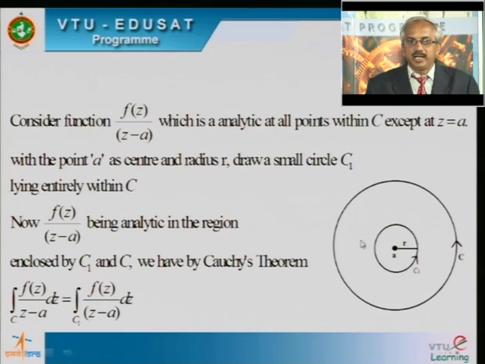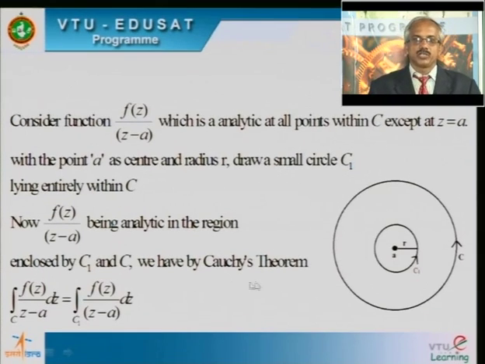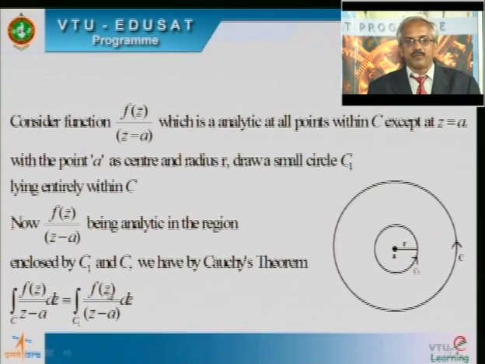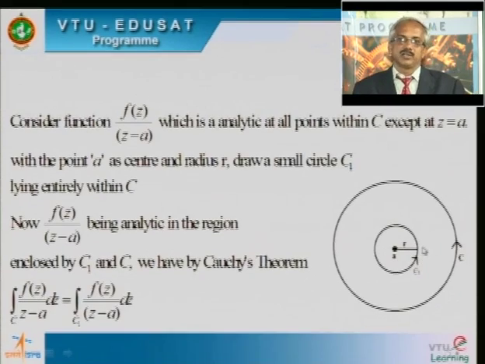So it is analytic on and inside the region bounded by these two curves, and by the extension of Cauchy's theorem that we have seen in the beginning of this class, the integral along the curve C of f of z divided by z minus A dz is equal to the integral along the curve C1 of f of z divided by z minus A into dz. That means the integral along the curve C1 is the same as the integral of the same function along the curve C.